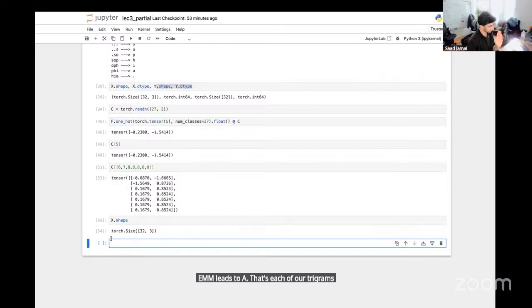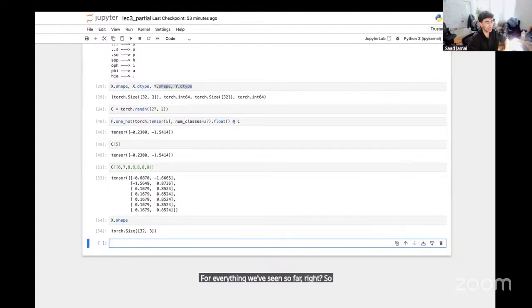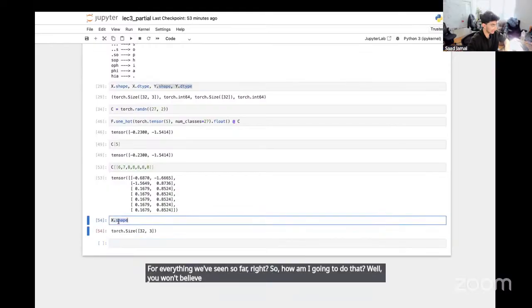And the second dimension is each one of our individual characters. We'd like to index using X into C to end up with a matrix that gives us the embedding for everything we've seen so far, right? So how am I going to do that? Well, you won't believe it, you can literally just do C bracket X.